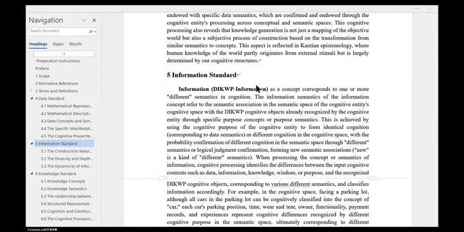You mean about the information standard? The title of the information standard is not expressed clearly.